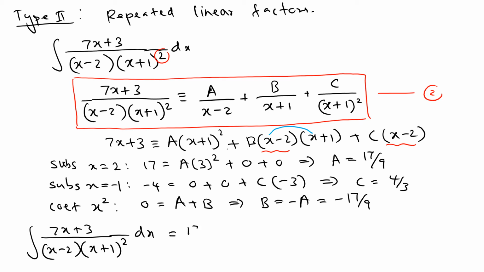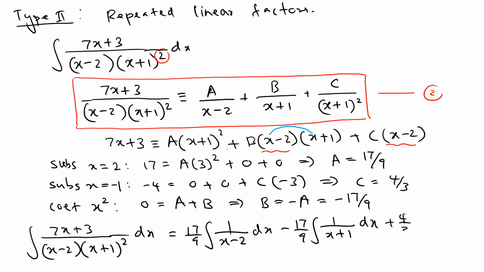So a, which is 17/9, the integral of 1 over x minus 2, this is very easy. And then b is negative 17/9, integral of 1 over x plus 1, which is very easy. And then c, which is 4/3, integral of 1 over x plus 1 squared.